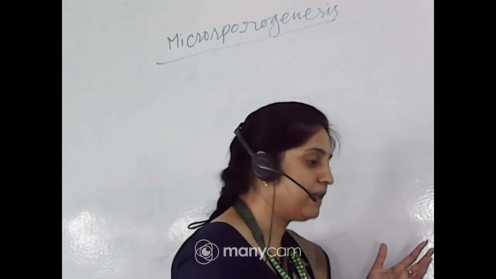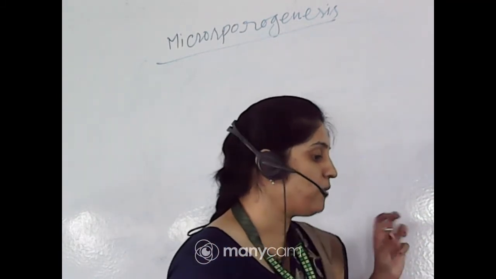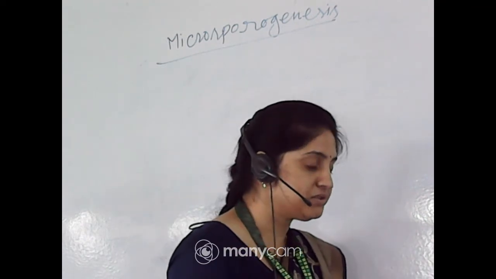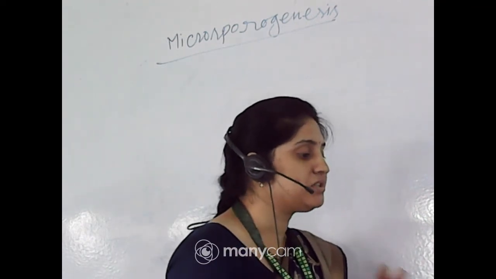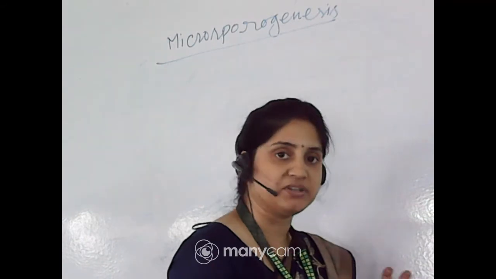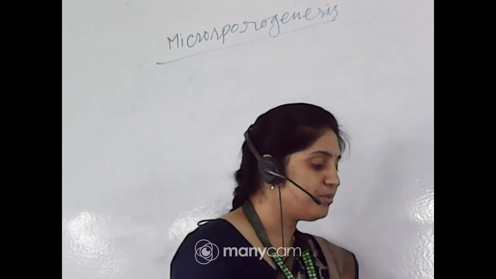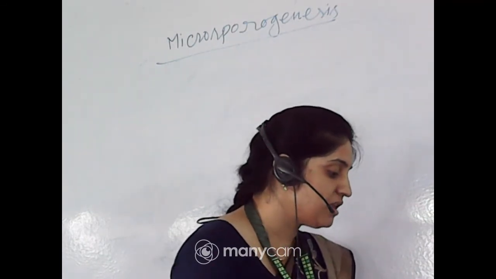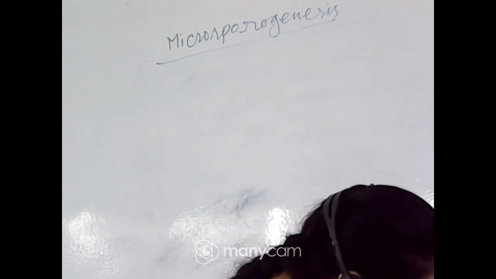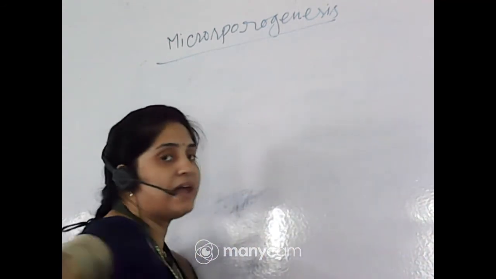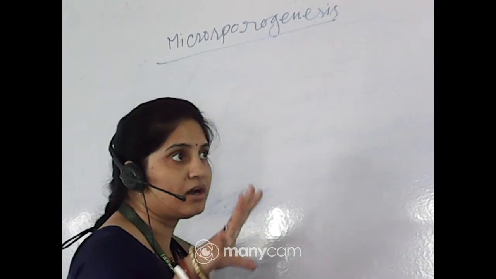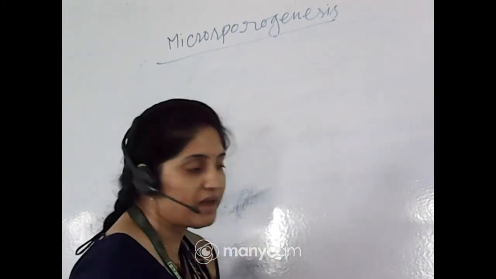You know that the microsporangium is formed by an outer layer and sporogenous tissue. So the sporogenous tissue is responsible for the formation of the pollen grain. First, sporogenous tissue fills the whole interior of a microsporangium, that is, the center part of the microsporangia.